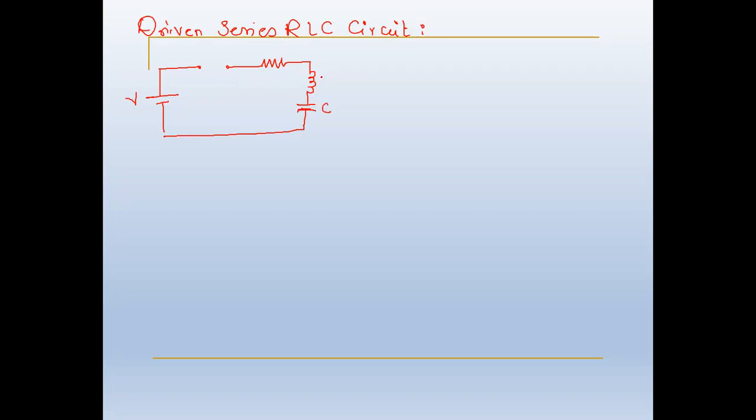C, L, R. The current, let us call it I. That is one switch. Voltage across resistor VR, voltage across inductor VL, and voltage across capacitor VC. So we have the circuitry.